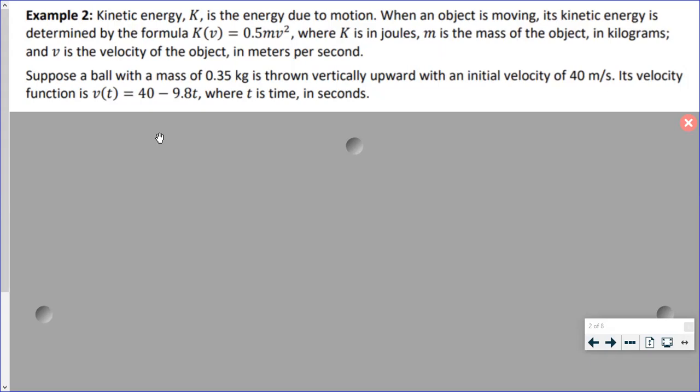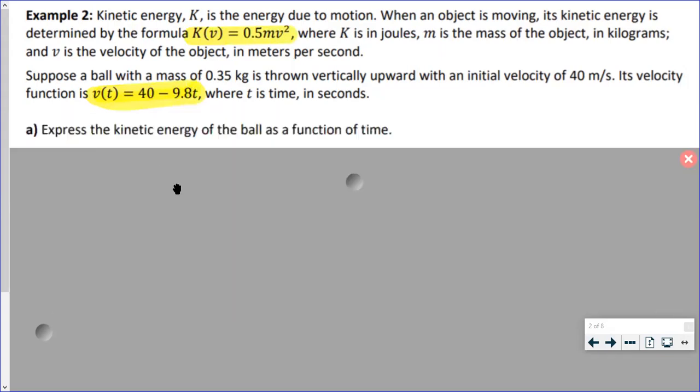So that's interesting, we have two formulas here. I'm just going to highlight those quickly. So the first question: express the kinetic energy of the ball as a function of time.